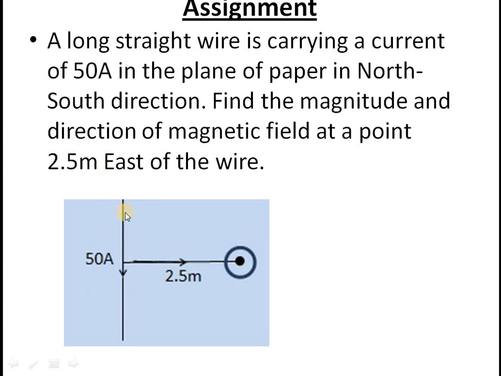Always try to draw a diagram, whether one is given in the problem or not. Make it a habit to draw a diagram showing the given values. Then you can apply the appropriate theory and find the final answer. You can verify your answer with this given answer.